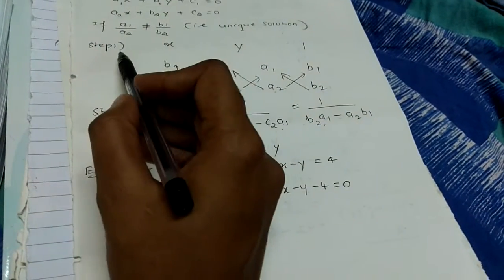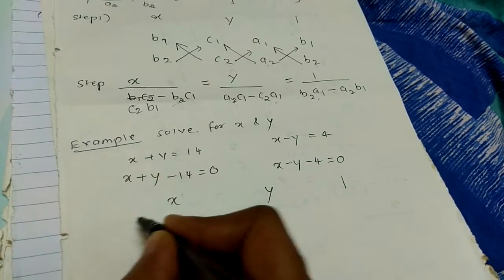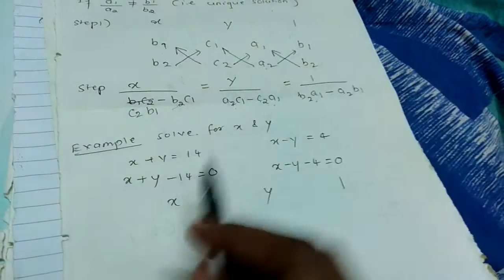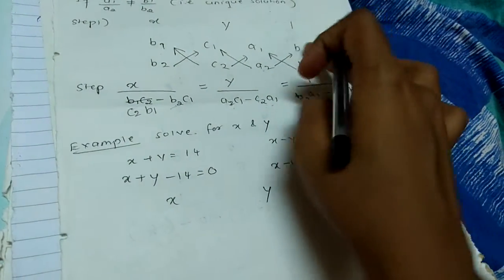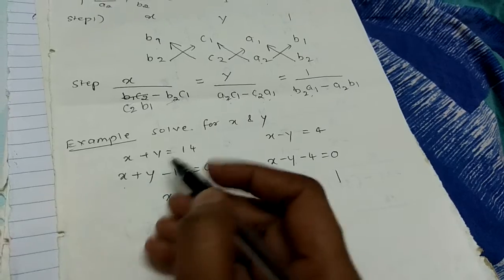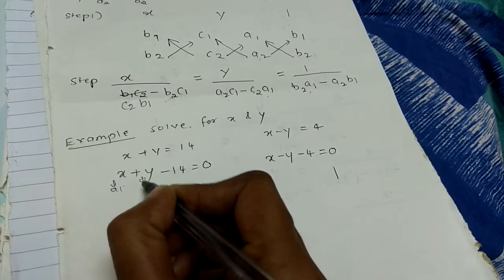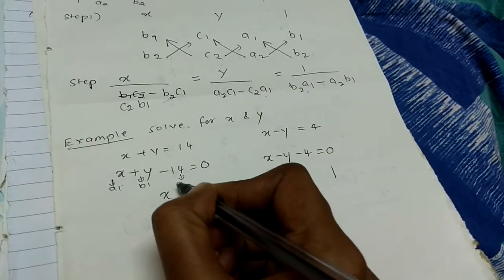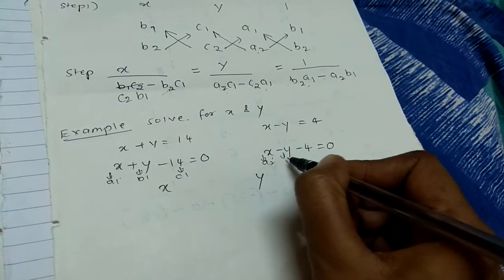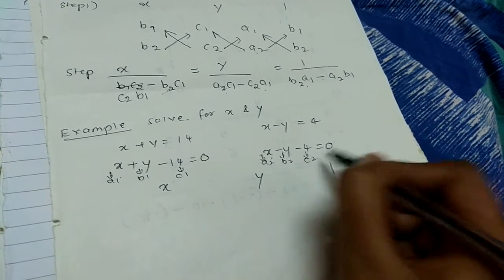So we will start with the first step: x, y and 1. Below that you have to write b1, c1, a1 and then b1. So here a1, this is b1, this is c1, this is a2, b2, and this is c2.